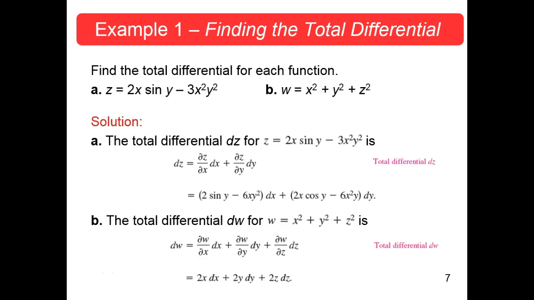Could you write that as dw equals 2d times x, y, z? Okay, say that one more time. Could you write that as dw equals 2d times x, y, and z?